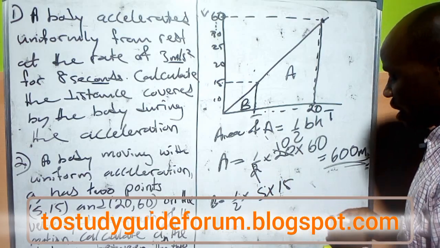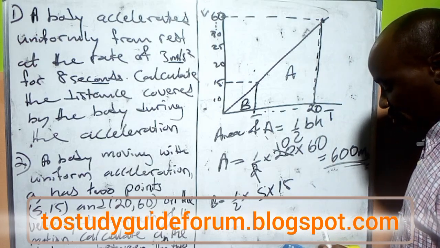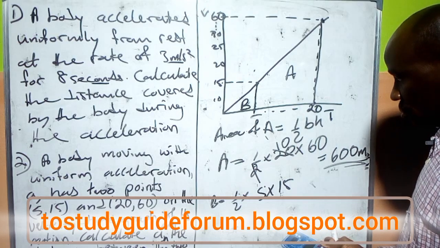So what we do again is that we have 15 times 5 divided by 2.